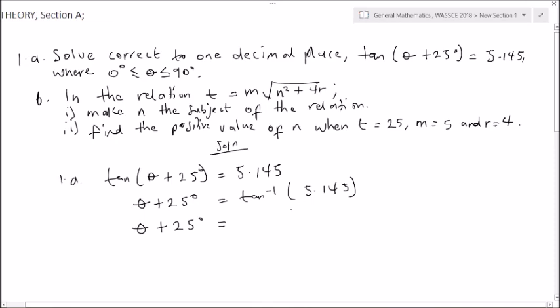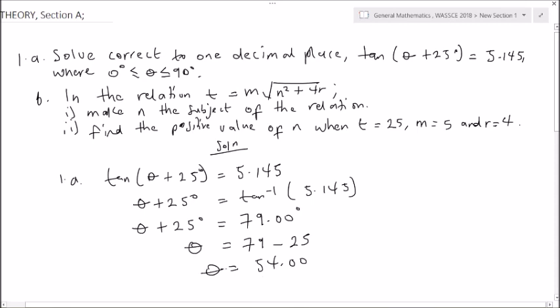So this will give us 79.00 degrees. So we find theta by making it the subject. So we have theta is equal to 79 minus 25, and this will give us 54.00.